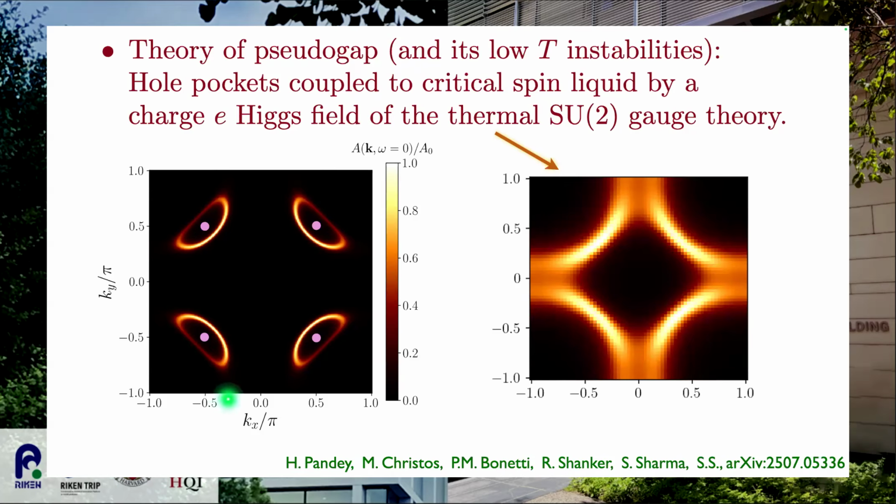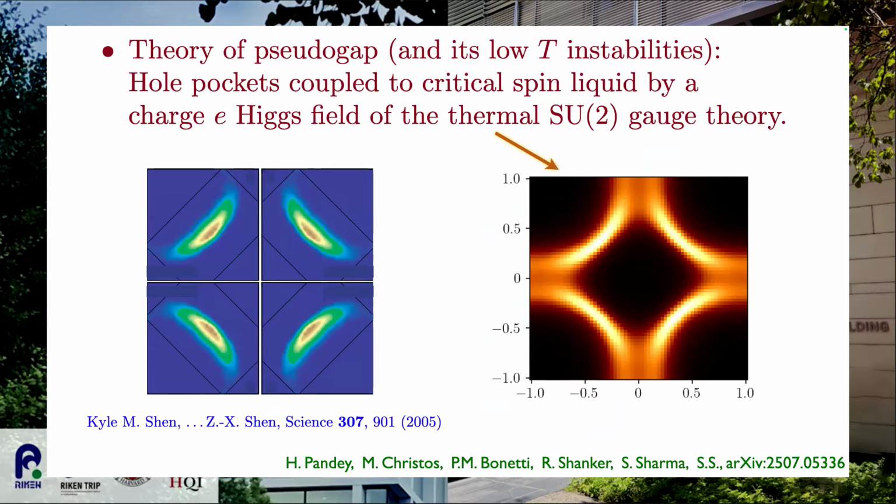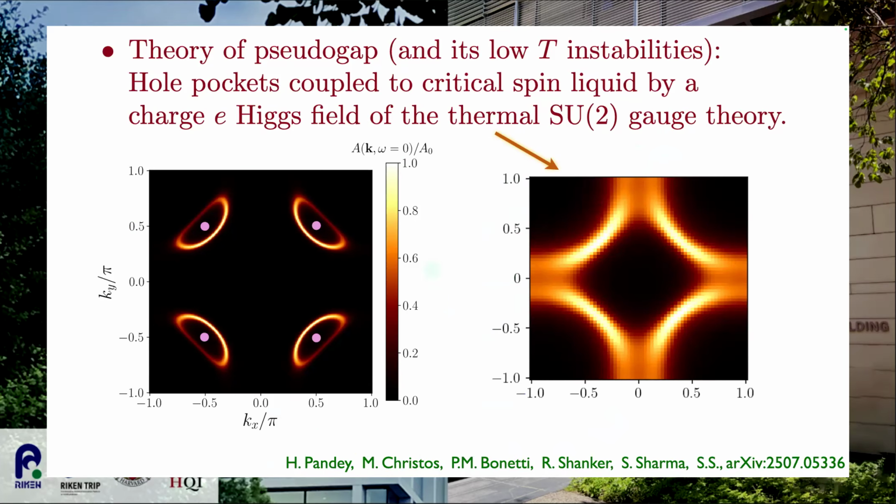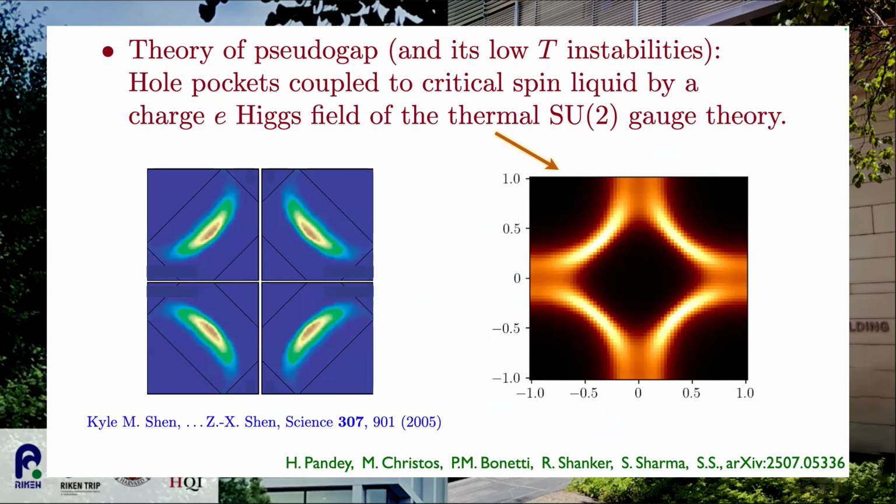This is in this recent paper with Monte Carlo done in Chennai by the lattice gauge theory group. And you get Fermi arcs quite similar to what you saw in the experiment. This happens because the backside of these pockets couples very strongly to the spinons, and that reduces the spectral weight on the backside and washes it out while giving you these arcs.